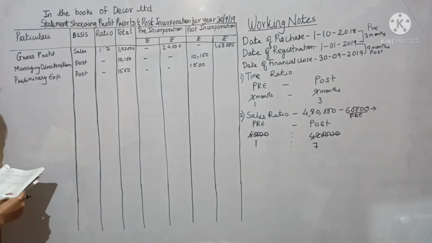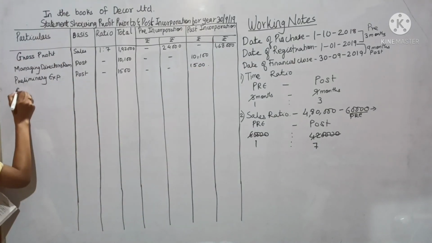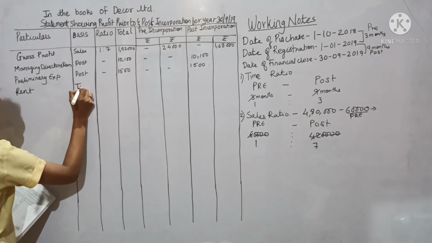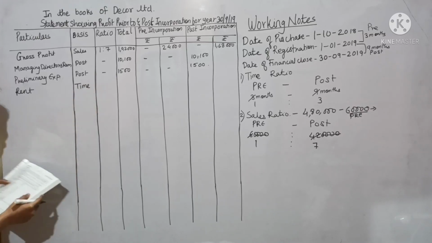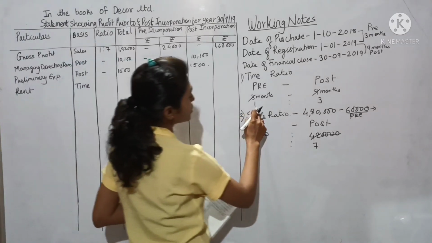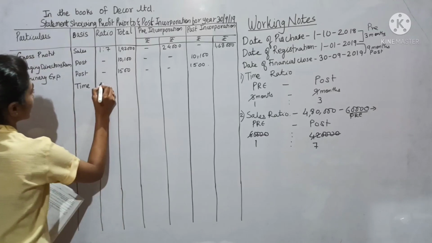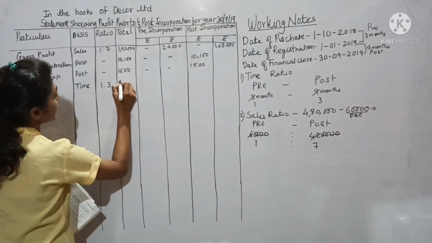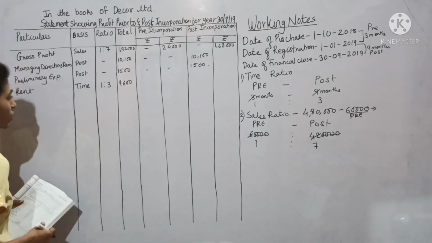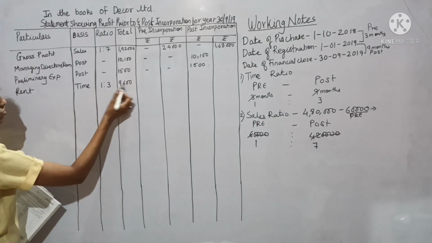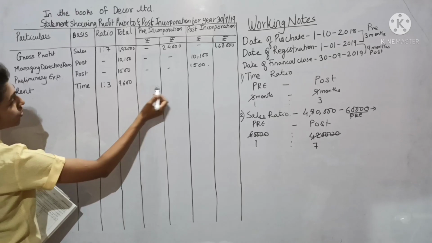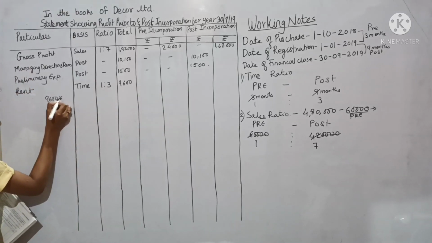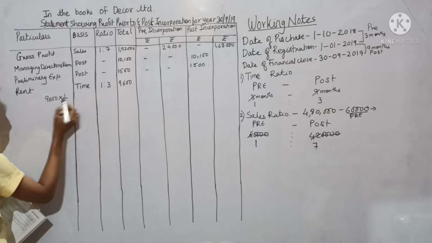Next is rent. Rent we have to give on the basis of time. What is the time ratio? Time ratio is 1:3. Total rent is 9,600. So how are you going to distribute it to pre-incorporation and post-incorporation? 9,600 multiply by 1 divided by 4.